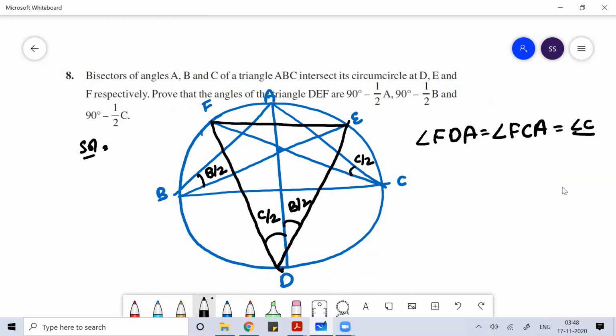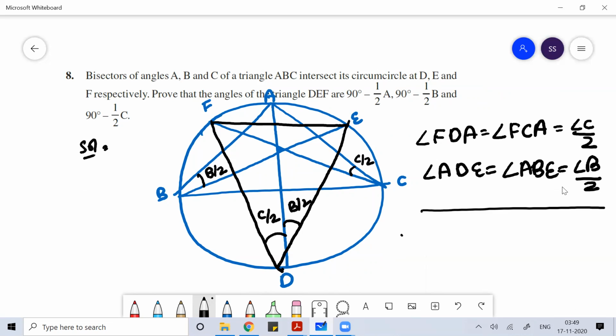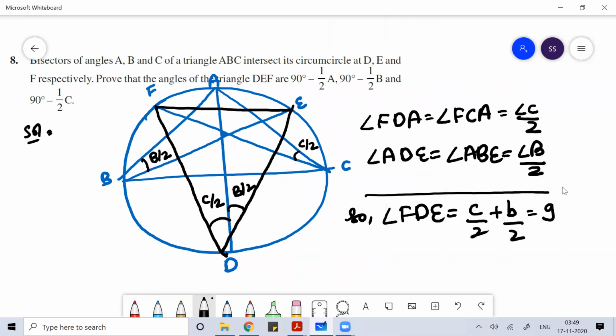And then angle ADE is equal to the angle ABE, that is equal to angle B by 2. So the angle FDE will be equal to C by 2 plus B by 2. That will be equal to 90 minus A by 2.